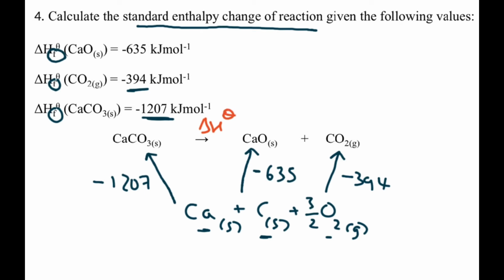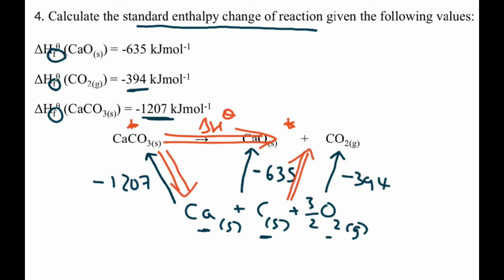So we are going to apply Hess's law. And Hess's law is enthalpy change is independent of the route taken. So going like that, starting here and ending here, is exactly the same as going down and up.